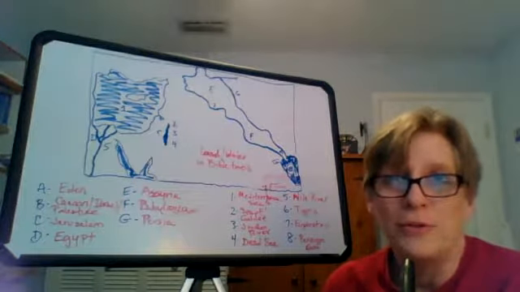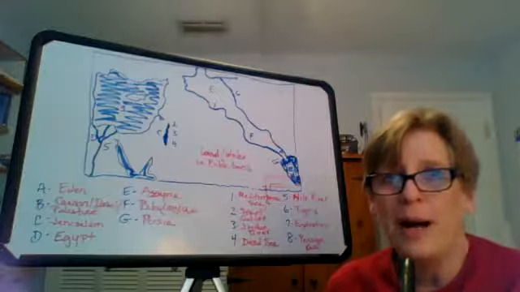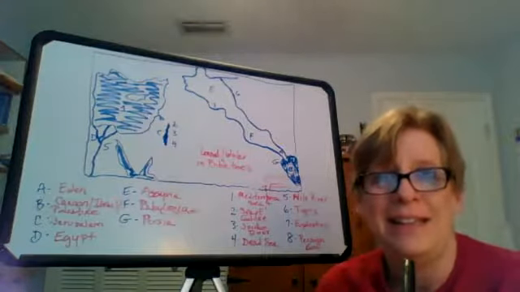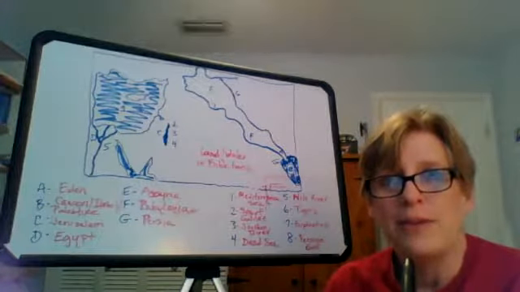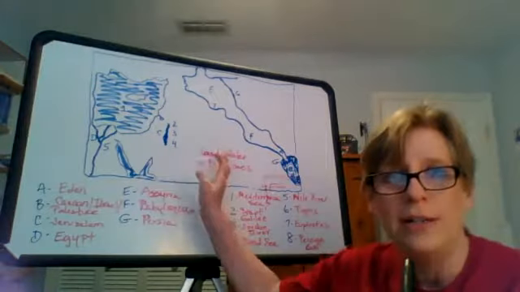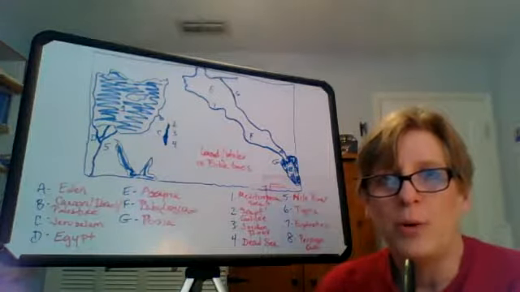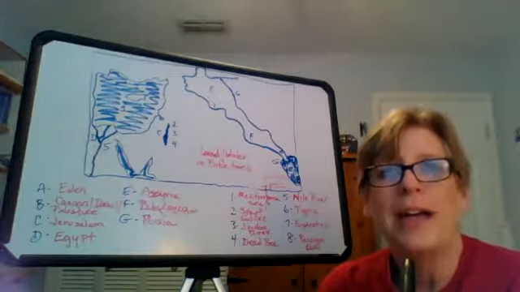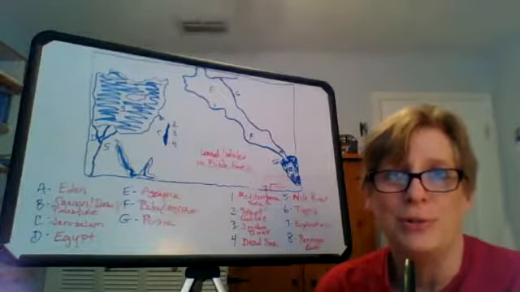It's part of the story. When you read the Bible, you're going to see that these land masses and these bodies of water play into the story of the Bible. So that's what we're going to look at today in session number 2.